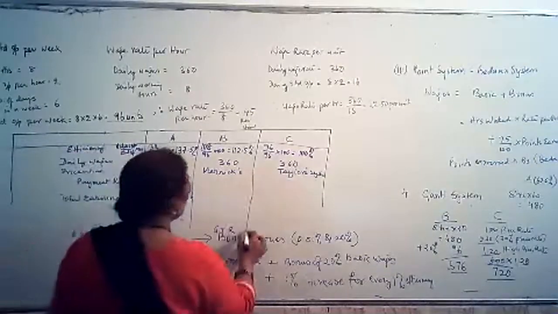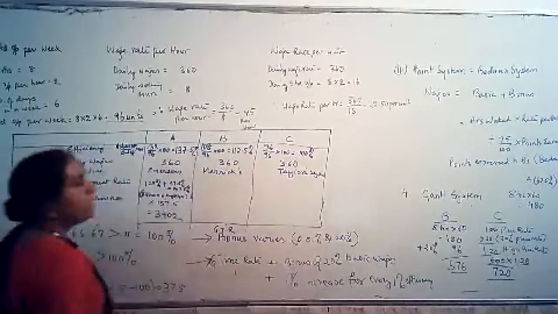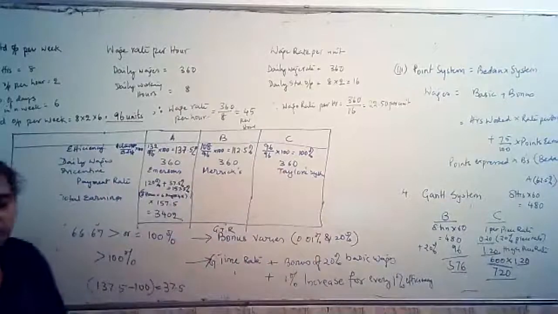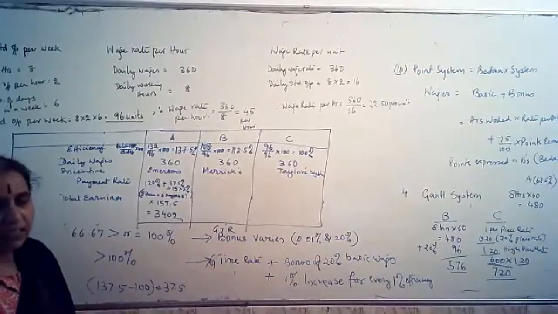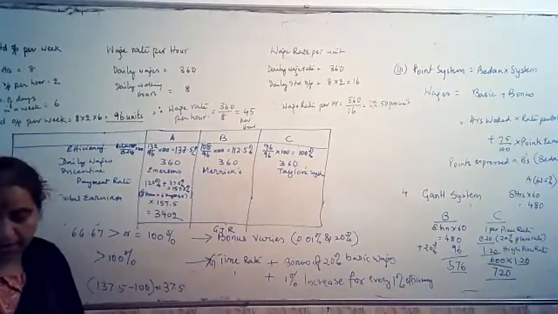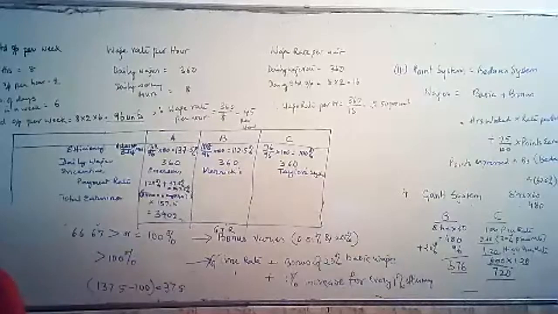Let's now move to Merrick's system. In Merrick's system, in which bucket is he falling? There are 3 portions for Merrick. In this particular case, it is in the last category.